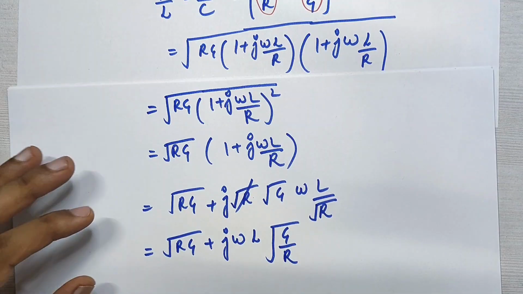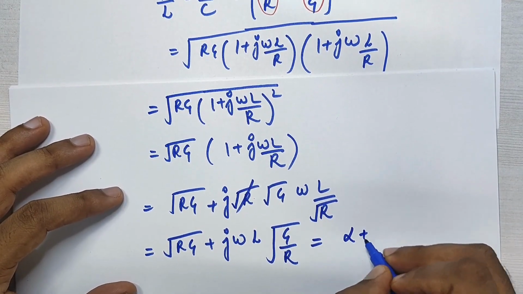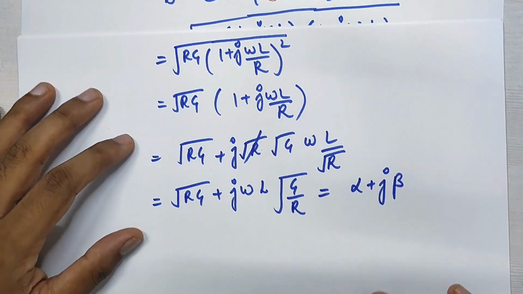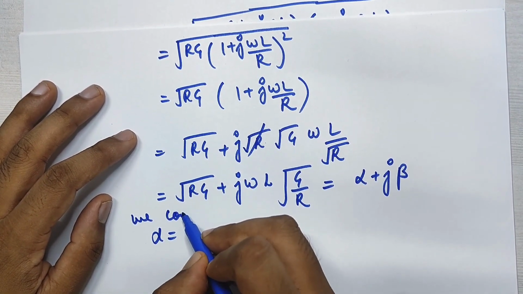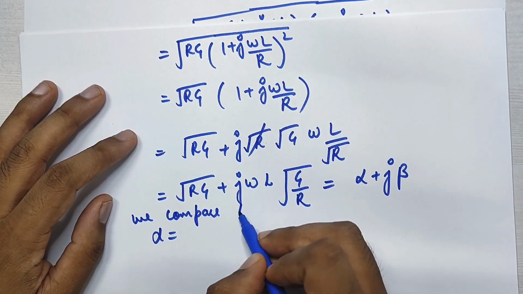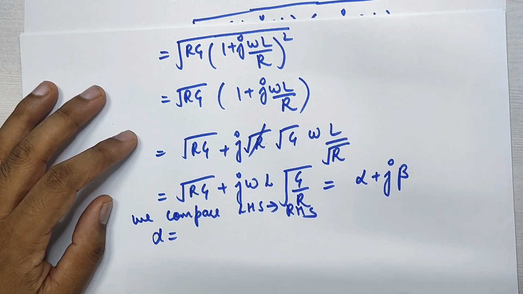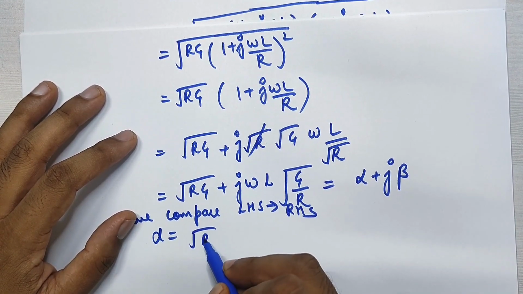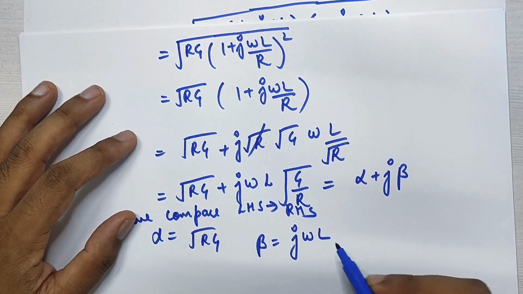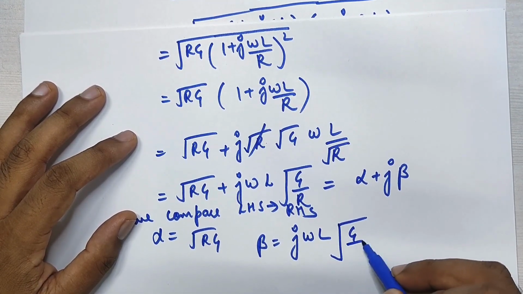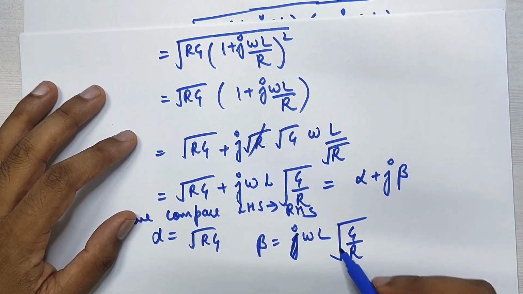Here we can see, which is nothing but alpha plus j beta. If we compare LHS to RHS, alpha becomes root of RG and beta becomes omega L times root of G by R. Only beta and omega will be there.